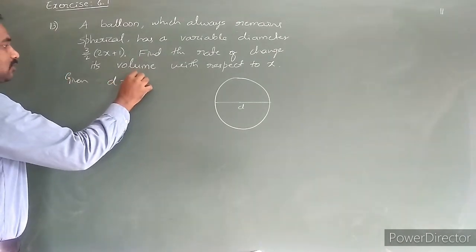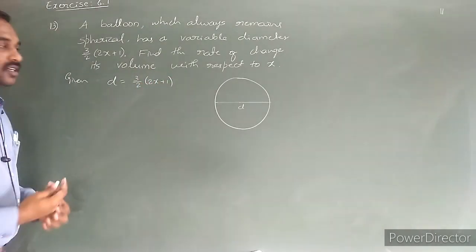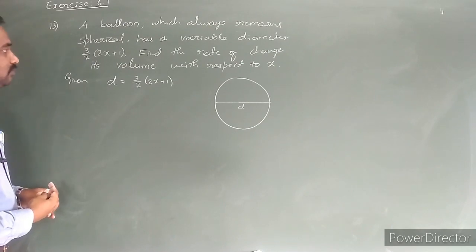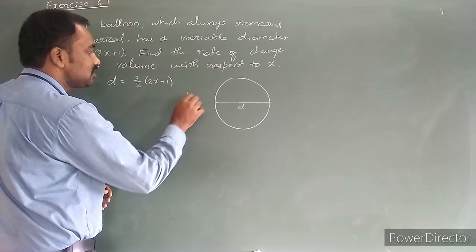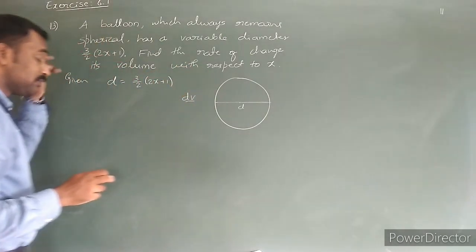The diameter is equal to 3 by 2 times 2x plus 1. Then we need to find the rate of change of its volume with respect to x.